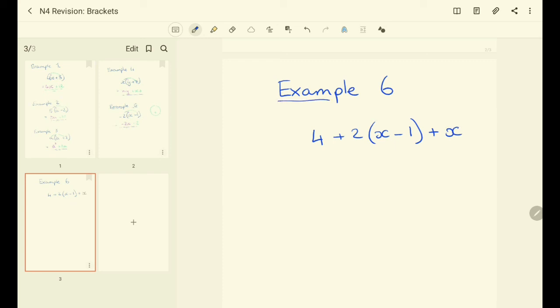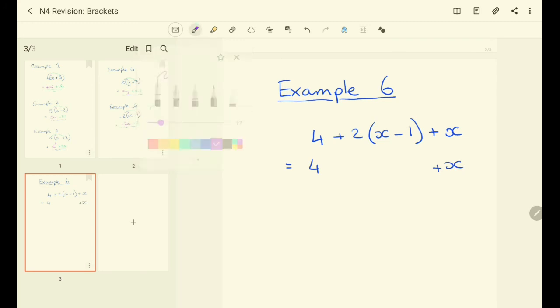Okay? There's quite a lot to process here. What's important is we recognise BODMAS, brackets first. And actually what we can do is copy down the 4 and copy down this plus x, because we're not actually going to be bothered about that at the moment.